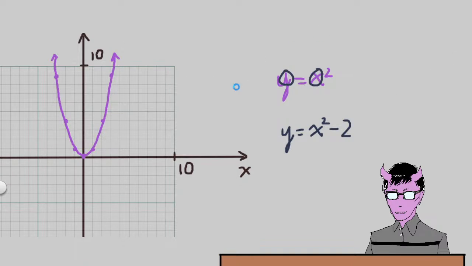So let me trace the parent function. Let me emphasize the points. Here's 1 point. Here's another point. Here's another point. Another. And another clean point. Technically there are infinite points, but we're just trying to pick the easiest. I should have done this on a different layer.